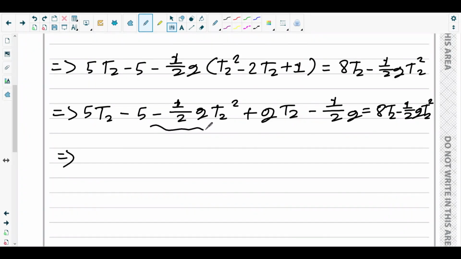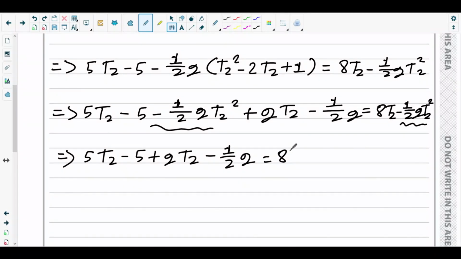On the left hand side we have negative half of g t2 squared, on the right side we have negative half of g t2 squared. It cancels out. So what you will get? 5t2 minus 5 plus g times t2 equals 8 times t2 plus half of g. Take all the terms with t2 on the same side. 8t2 minus 5t2 is 3t2.